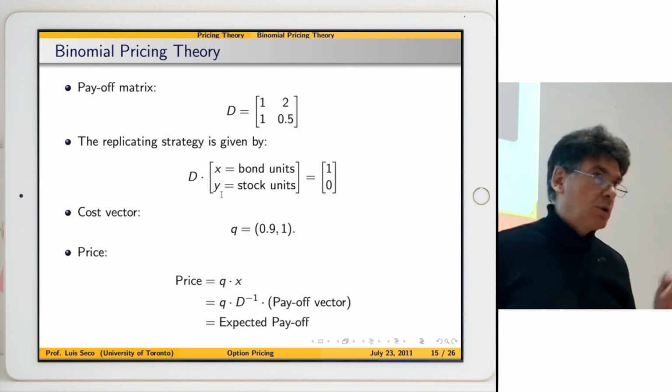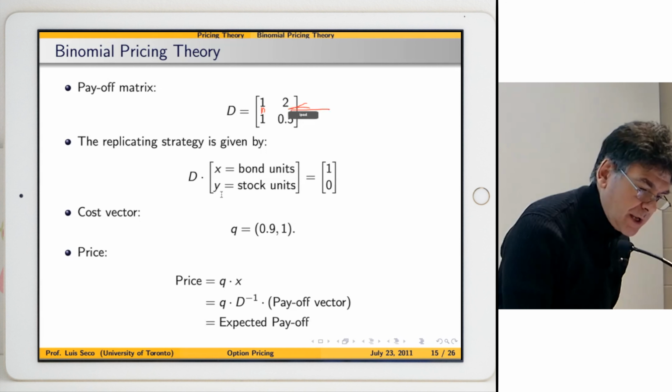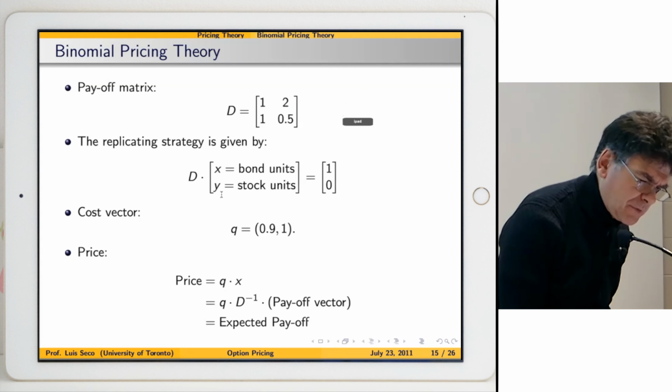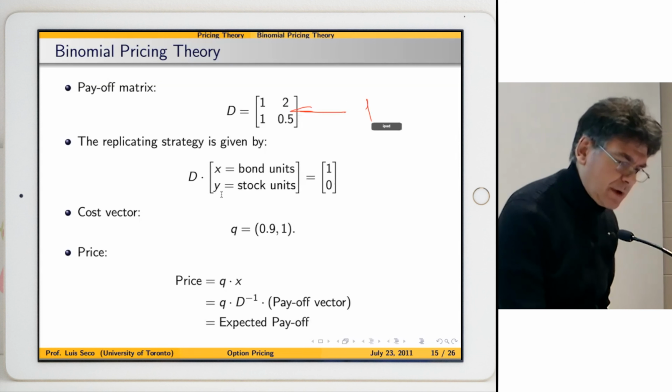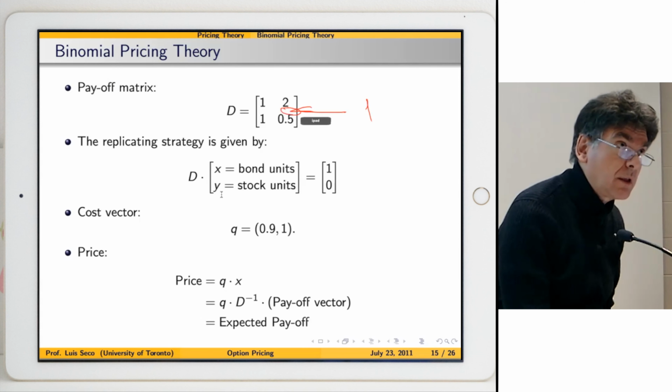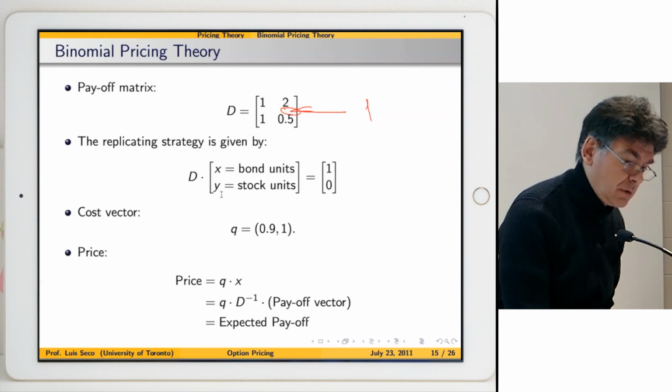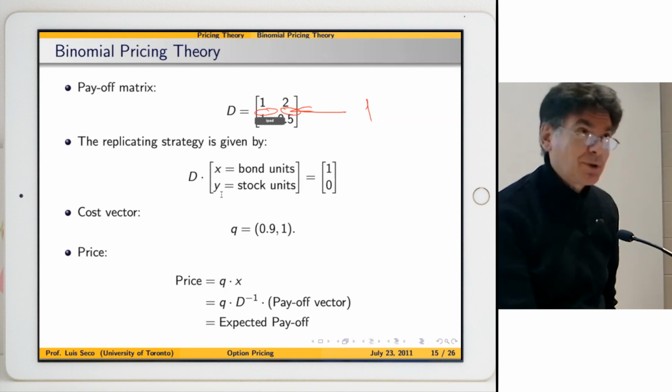I'm adding a new row to my matrix, right? A row in the middle, which is a 1 for the bond, and here I put a 1. Sorry, what a messy thing. I put a 1 right there. Well, it has to be a 1, it's a bond. The bond is always 1, right?